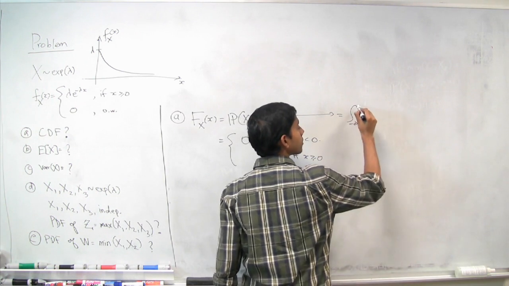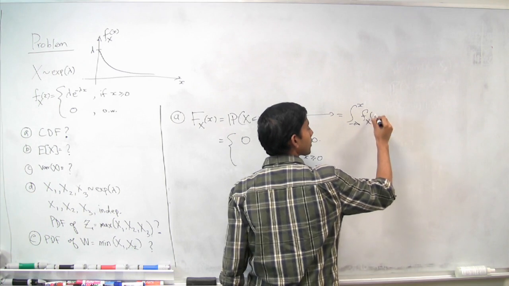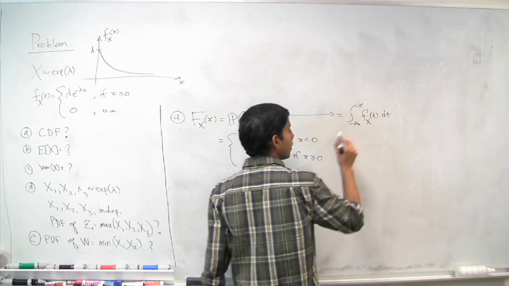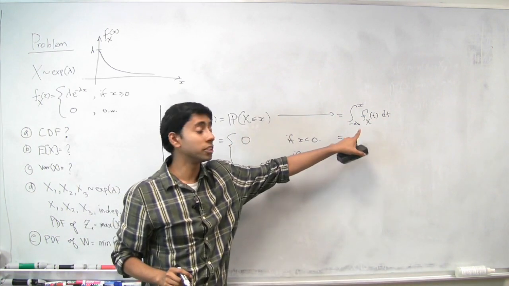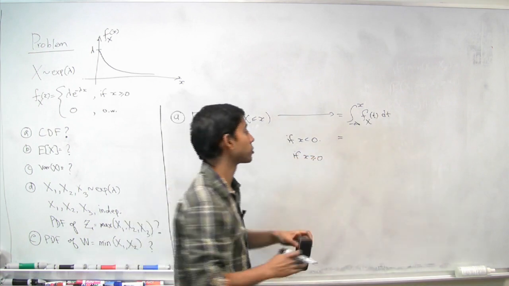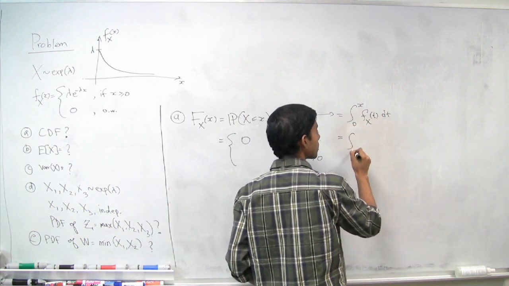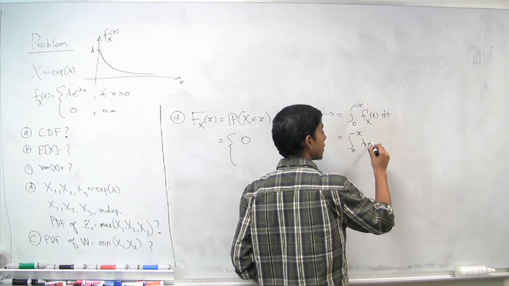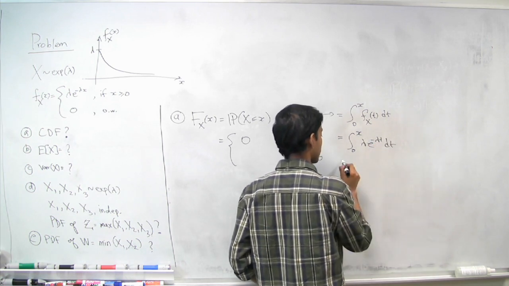To do that, we take the integral from minus infinity to x of f_X(t), with t as the dummy variable. Notice that f_X(t) is going to be 0 for negative values, so we take the integral from 0. Now we plug in for f_X(t): lambda e to the minus lambda t dt.